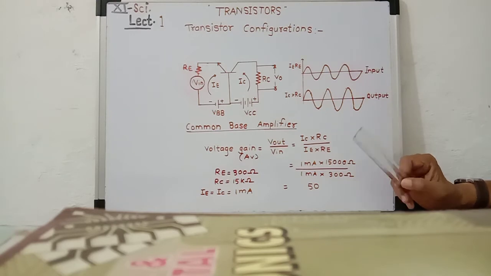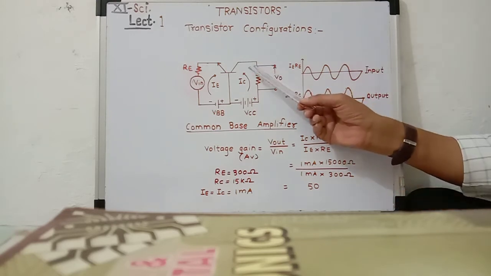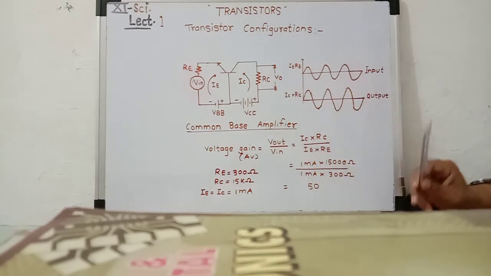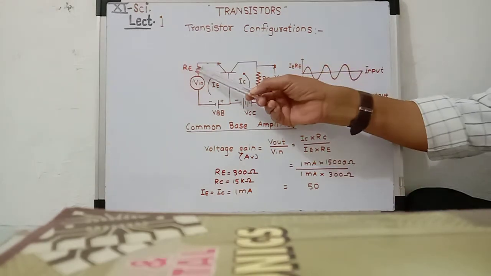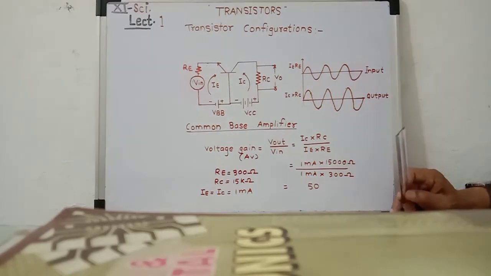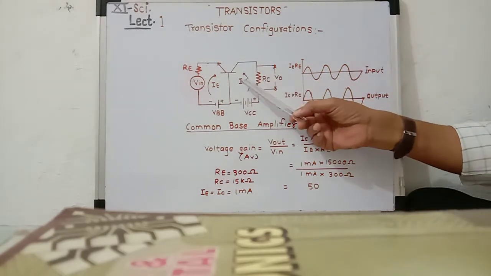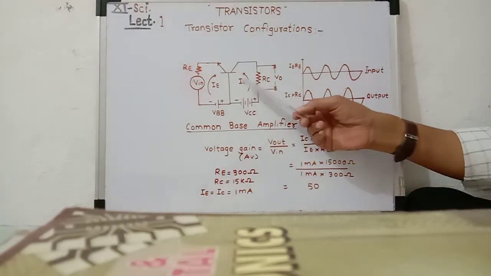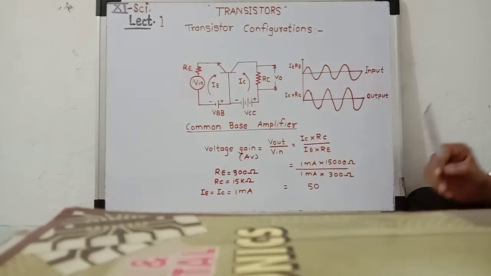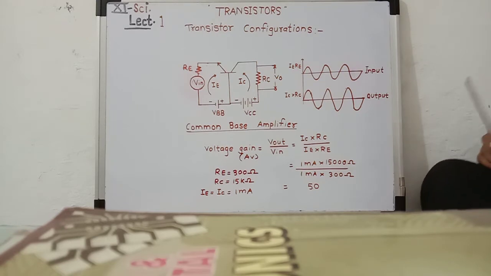Alpha is equal to output current divided by input current, so alpha is equal to IC upon IE.